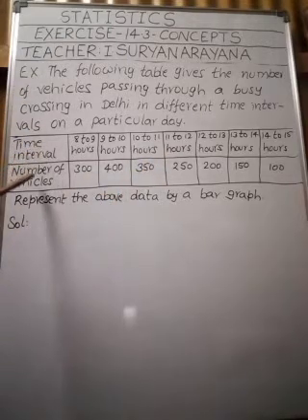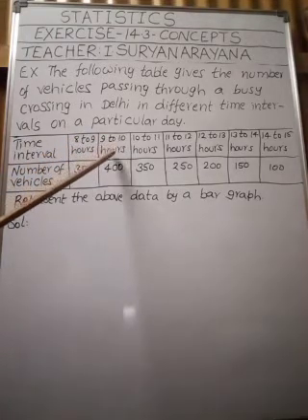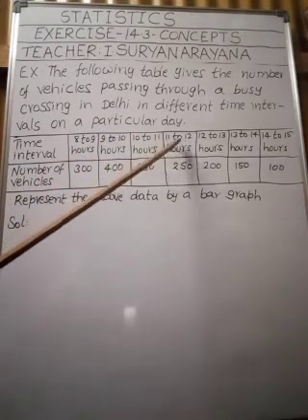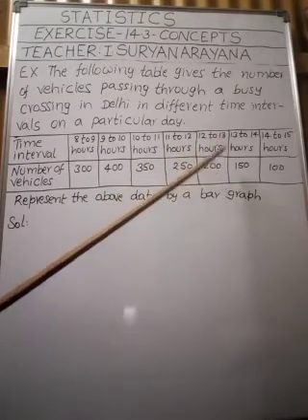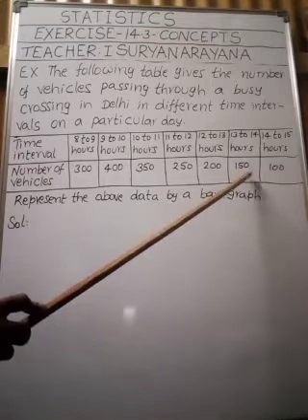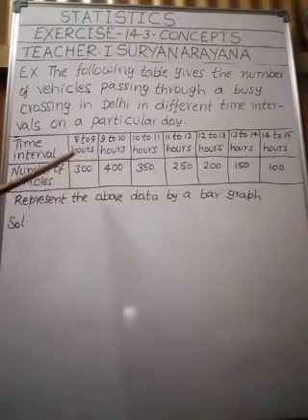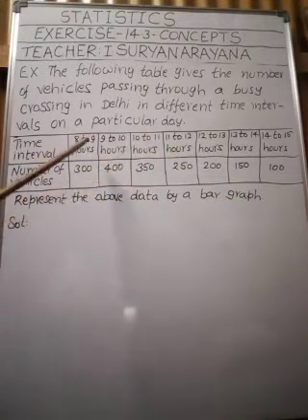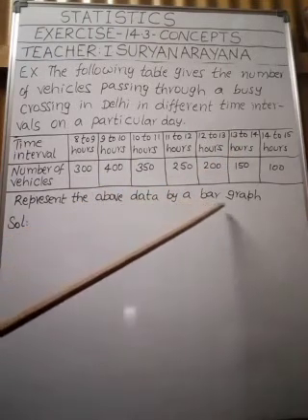Time interval in this column, number of vehicles. 8 to 9 hours, 300; 9 to 10 hours, 400; 10 to 11 hours, 350; 11 to 12 hours, 250; 12 to 13 hours, 200; 13 to 14 hours, 150; 14 to 15 hours, 100. We have to represent this data in a bar graph.